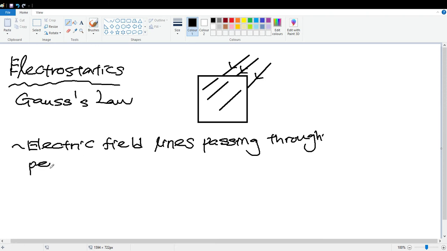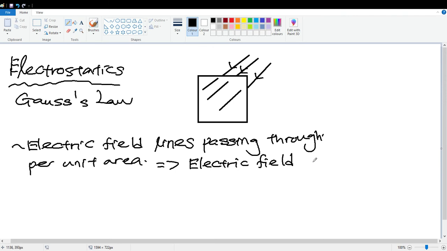What we need to know is the electric field lines passing through per unit area. This is actually represented as electric field strength, which is the force per unit charge as we discussed in the previous parts.